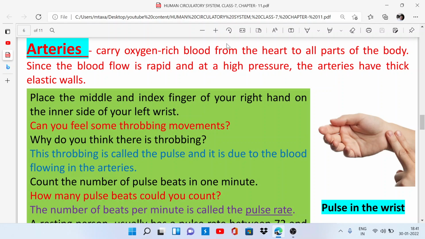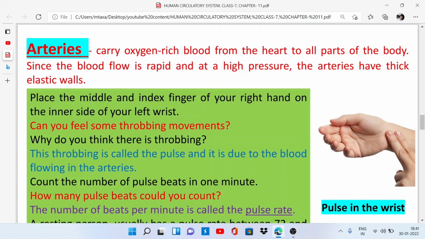The blood flow from the heart to different body parts is at high pressure because the heart is pumping the blood, so these arteries have thick elastic walls so that they are prevented from being fractured.